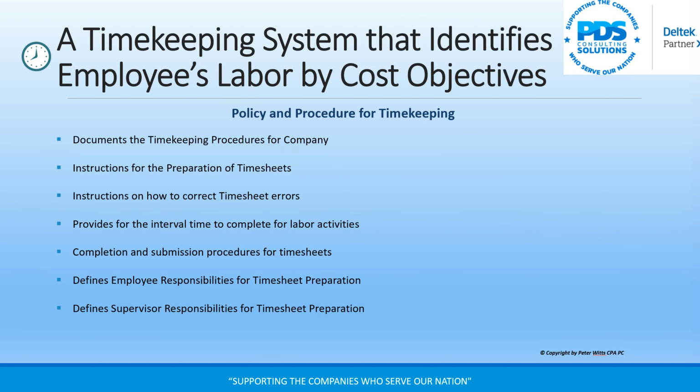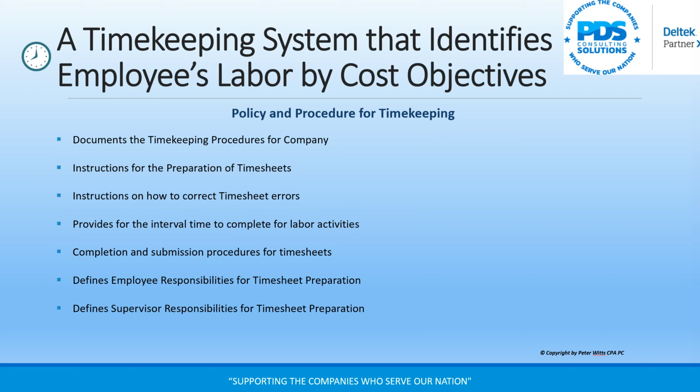So core procedures that need to be in place for timekeeping as a requirement, if you're audited in particular, but it's good just to have this policy and procedure in place, is to document everything as far as your procedure for total time accounting in the system, or whatever system you're using, if it's paper or if it's an electronic timesheet system like time collection with Costpoint.